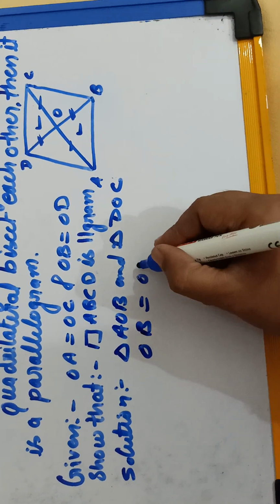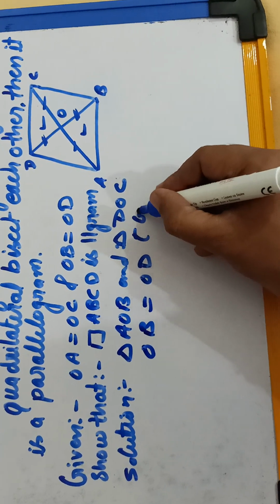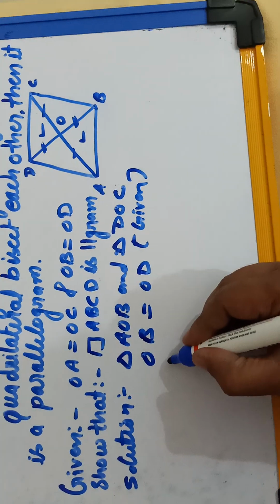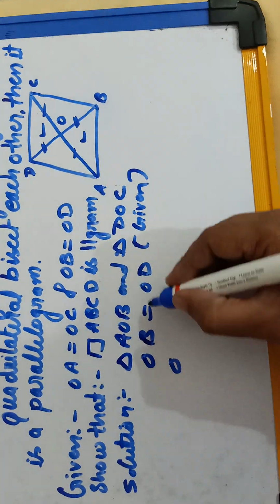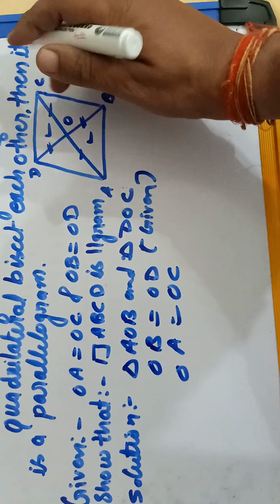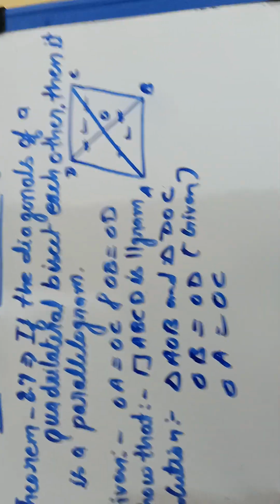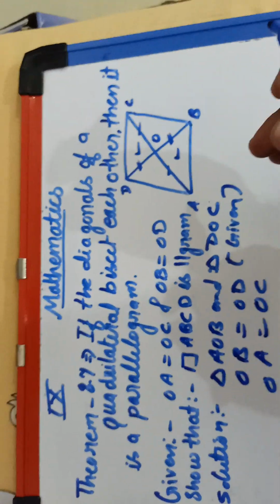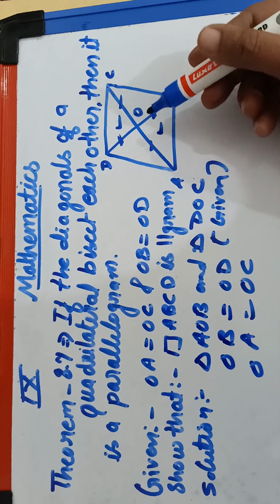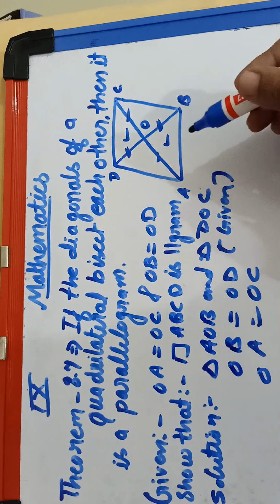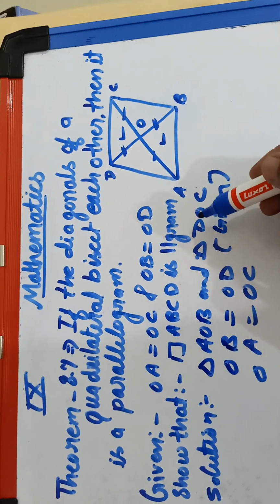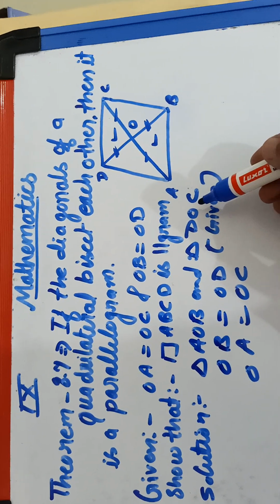This is given to us, so mention given, and OA is equal to OC of the triangle DOC. As I already told you, I would like to remind you that when you take triangle DOC at the second place and AOB at first place, write left side parts of AOB and right side parts of DOC, which are corresponding.